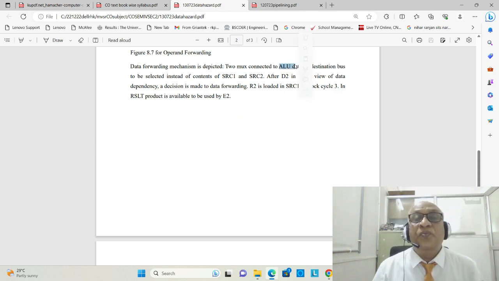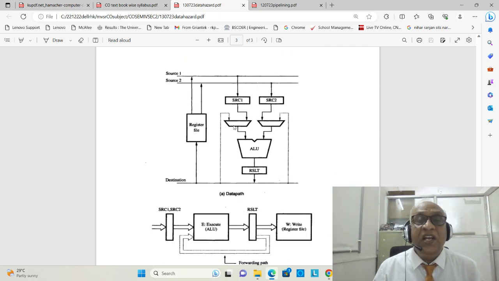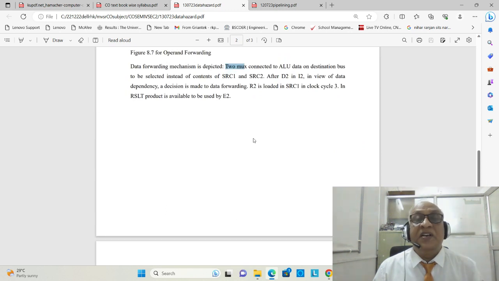So let us try to understand this diagram also. There is an ALU, right? The ALU has two multiplexers. These are the two multiplexers connected to the ALU. Now instead of source 1 and source 2, we can get data from them after completion of D2 in I2. What will happen is, as dependency is found, we will be bypassing the sources and performing operand forwarding, or data forwarding.